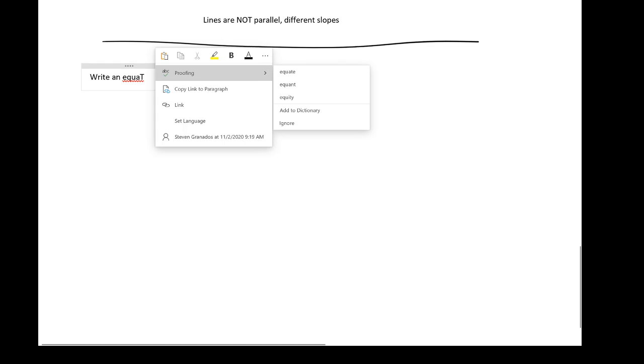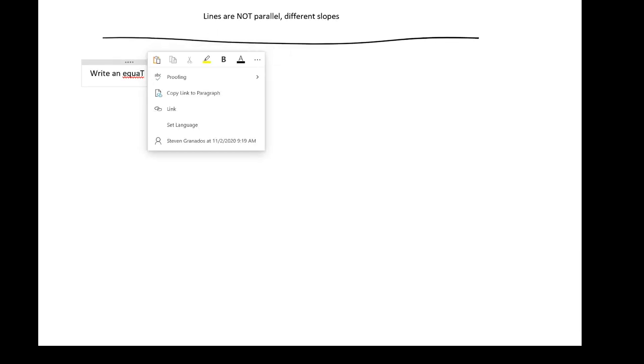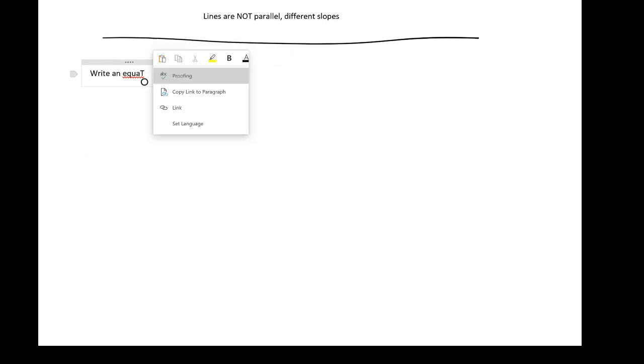All right, let's practice a couple things. Let's write an equation of the line passing through the point negative 4 comma 6, that is parallel to the line y is equal to 3x minus 4.